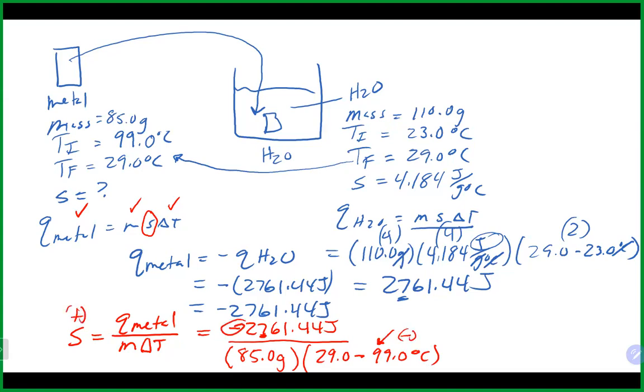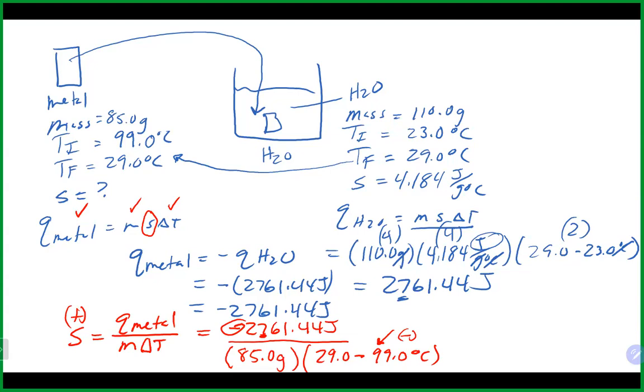That will turn our specific heat capacity into a positive number, which is what it should be. So if we do that, we got minus 2761.44 divided by 85 and divided by our 29 minus 99.